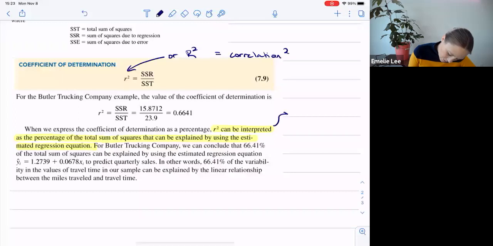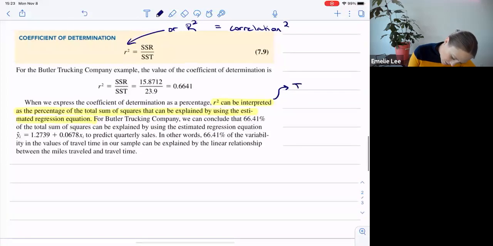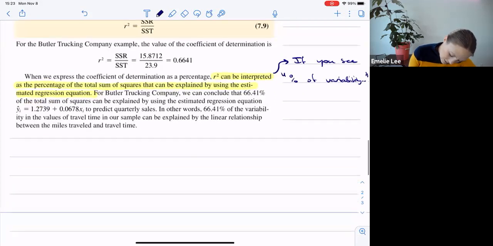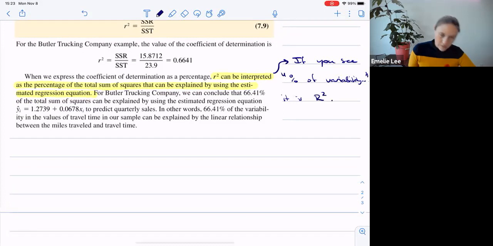Or if you read the words percentage of variability, then it is R squared.